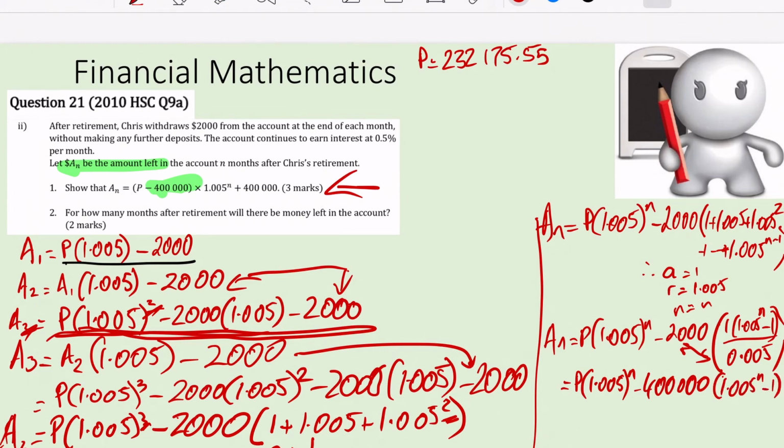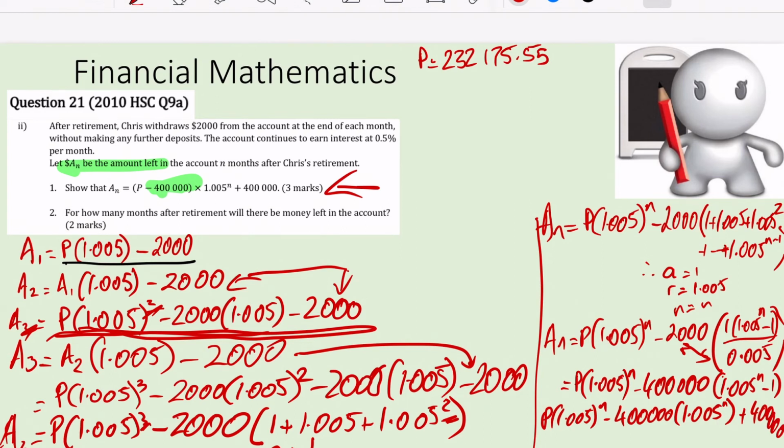1.005^n minus 1. Okay, expand that. P times 1.005^n minus 400,000 times 1.005^n plus 400,000.